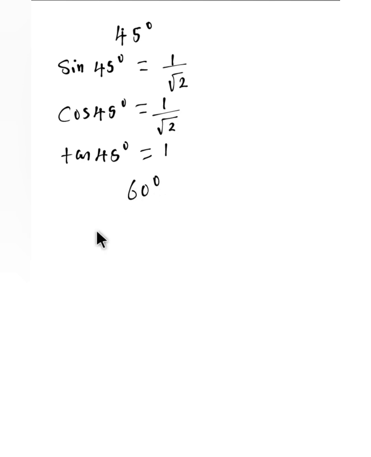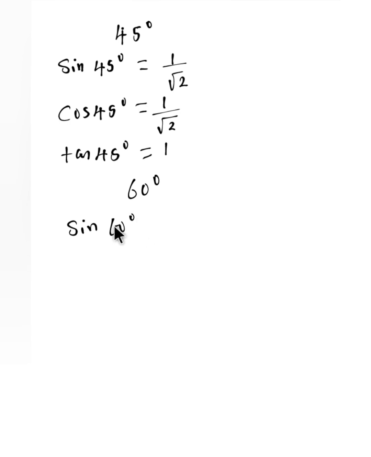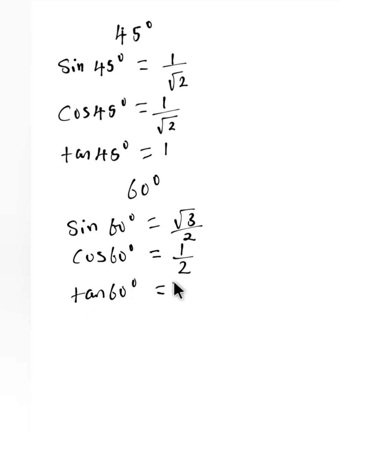Angle 60 degrees. Sine 60 degrees is equal to root 3 over 2. Cos 60 degrees is equal to 1 over 2. And tan 60 degrees is equal to root 3. Angle 30 degrees. Sine 30 degrees is equal to 1 over 2.